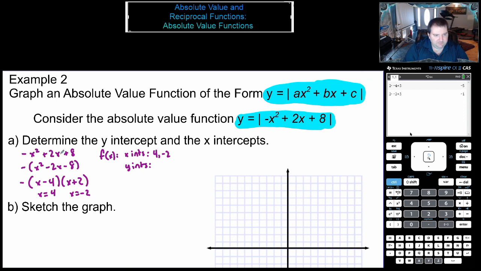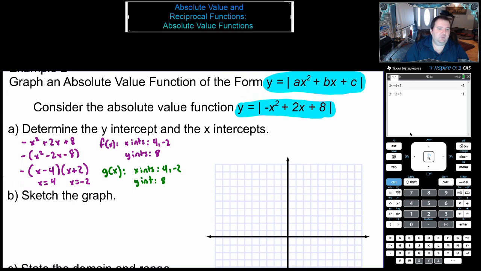This is 0, this is 0, y is 8. That's it. What about g of x? Well, this works just like with line graphs. Our x-intercepts are going to be the same. They don't change. So 4 and negative 2. Our y-intercept is going to be the absolute value of the previous y-intercept, which again is just 8. So now we can sketch the graph.